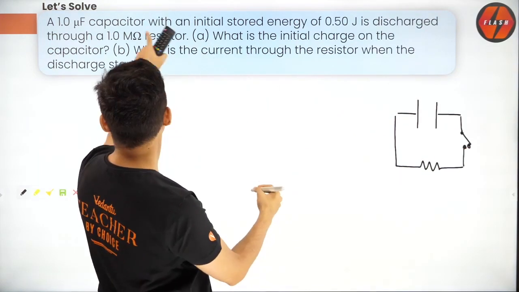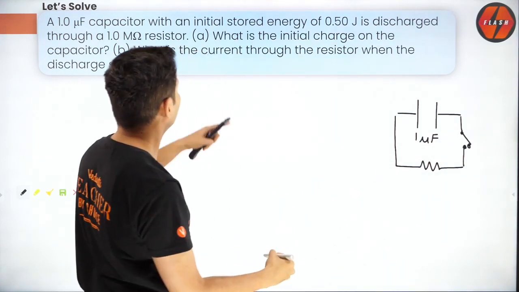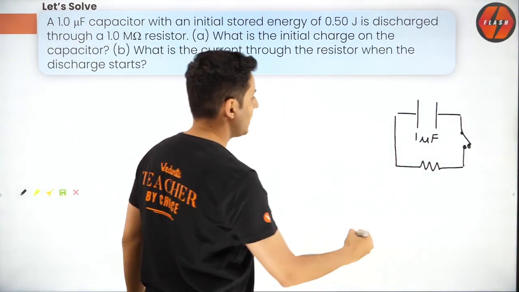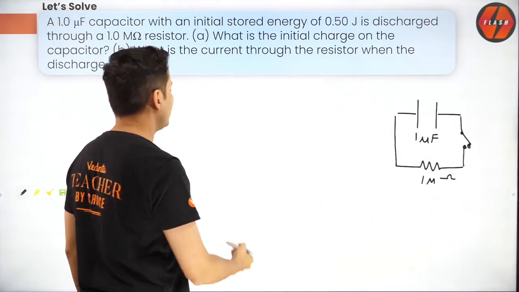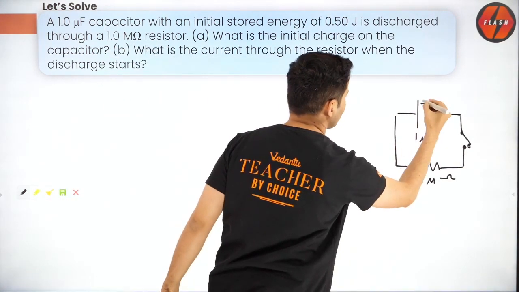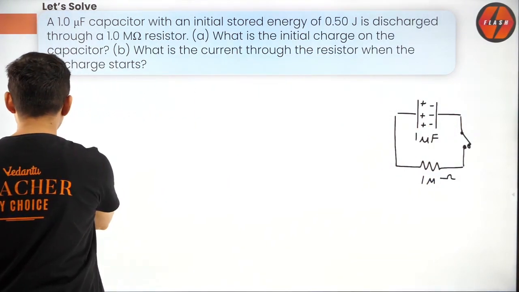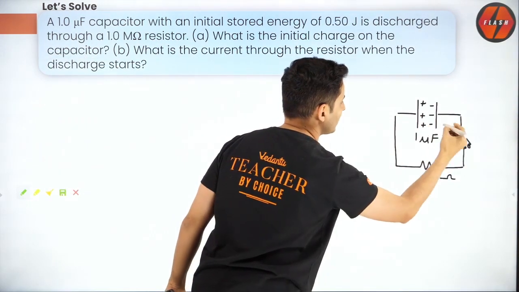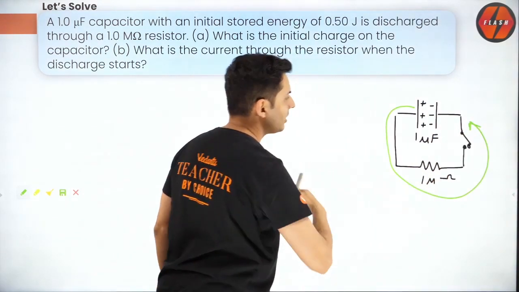The capacitance is 1 microfarad and the resistance is 1 megaohm. That's what is given. Initially there was some charge on it, but that charge will obviously go away. Once you connect that switch, you will see all this charge is going to go away and nullify it.